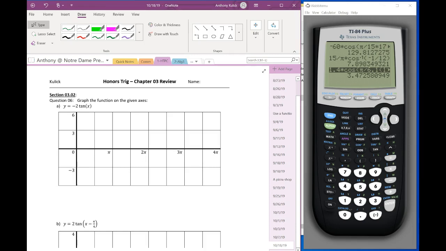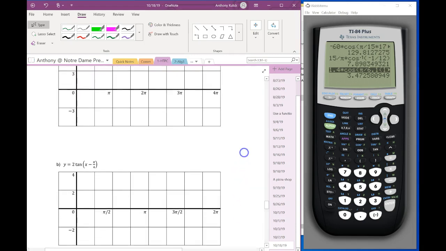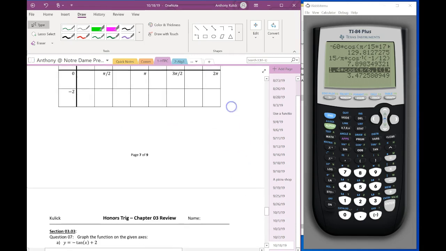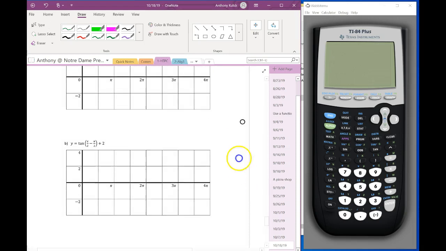I changed these because they had a bunch of secants and cosecants, and we haven't talked at all about those, and we're not going to talk about graphing those things this year. So I just changed it to tangent things. Is there one of these that you'd like to do, Olivia? Maybe B of question 7. B on question 7. Okay.